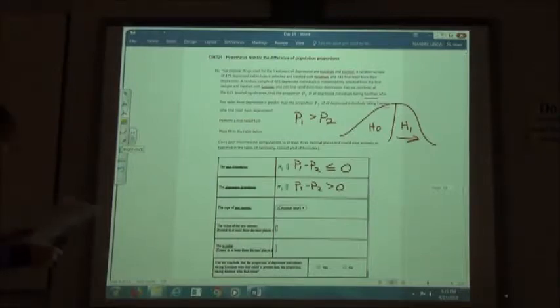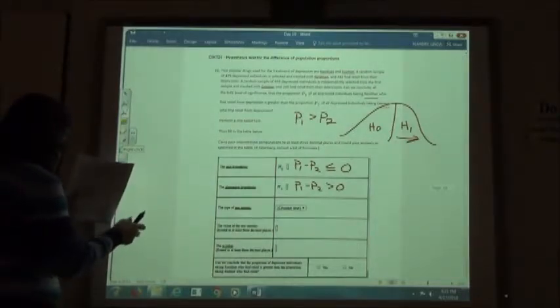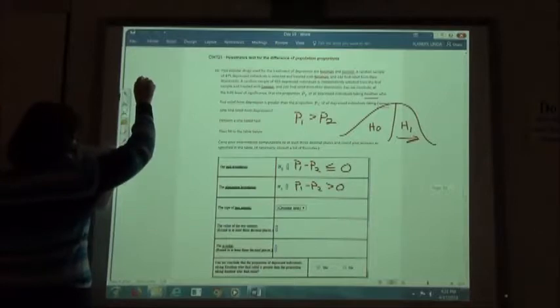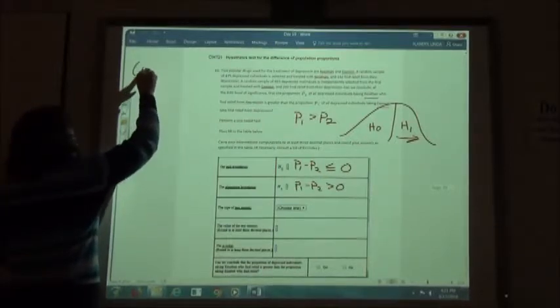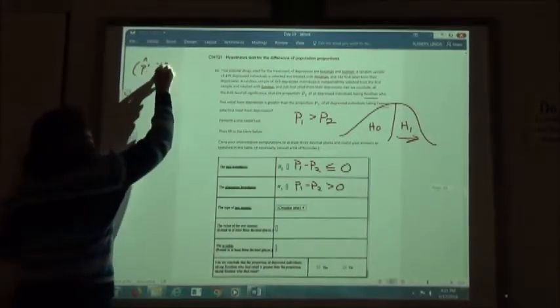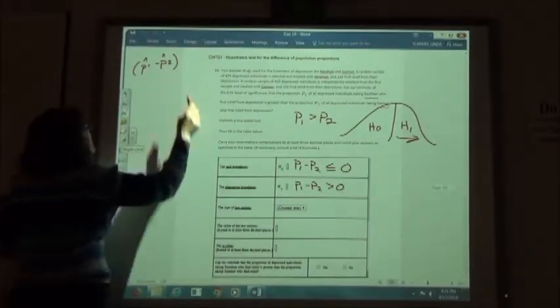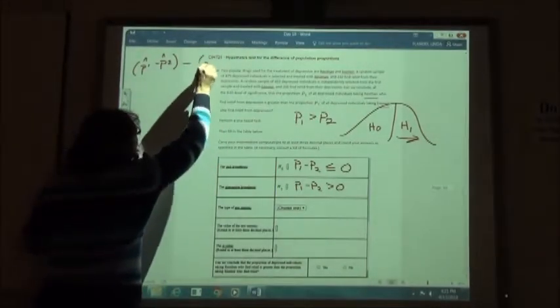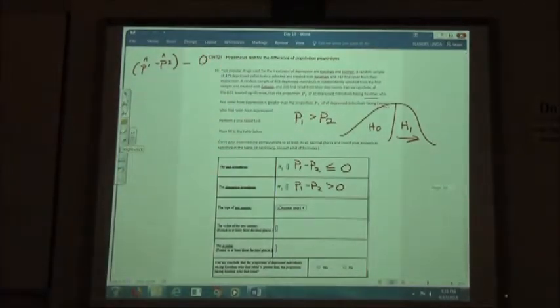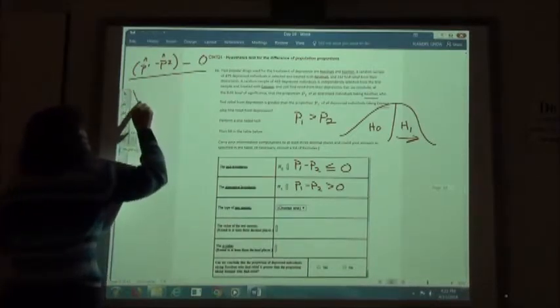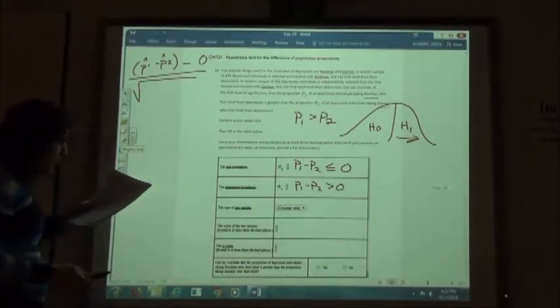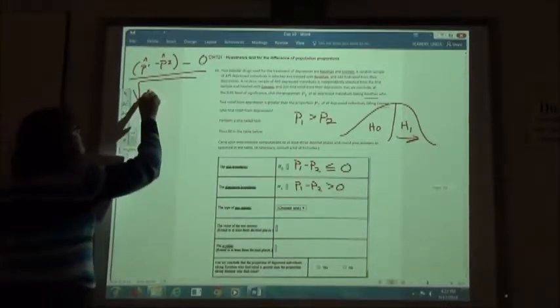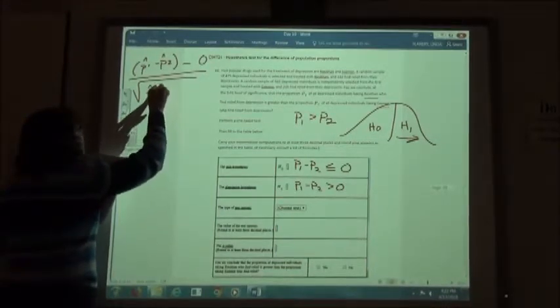So, this time when we do our formula, we are going to do p hat 1 minus p hat 2. Again, we're subtracting this 0 part over there, so we're not going to worry about the 0 because we know the difference is 0. But if you look in the book, they'll have that in there. Over the square root of p hat times q hat.